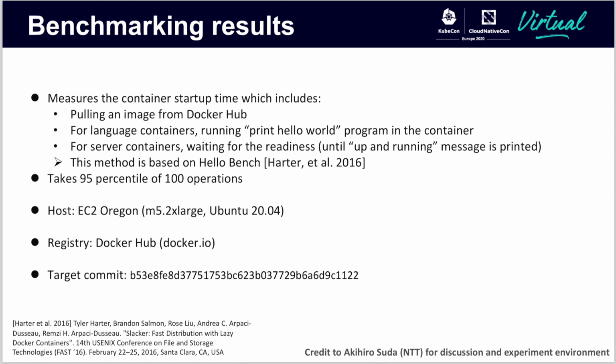This method is based on HelloBench, and we took the 95th percentile of 100 operations. And we used an EC2 Oregon instance as the host and Docker Hub as the registry.